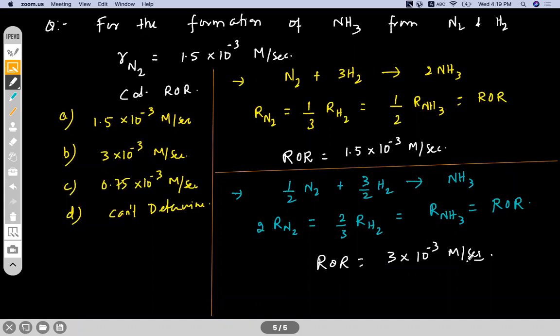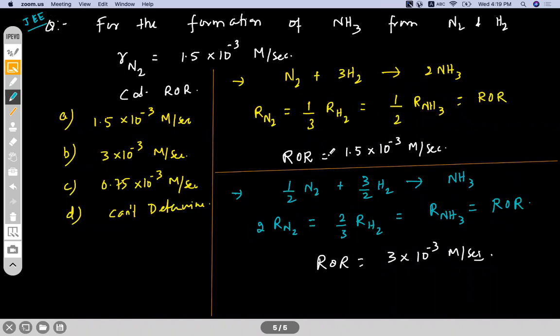So the rate is always defined for 1 mole. So we have to take 1 mole of N2. No, that is what I'm talking about. Just listen to me first. Wait, 2 minutes. See this question. First of all, the exact question was asked in JEE, and the mistake you have made here has been made by most of the students.